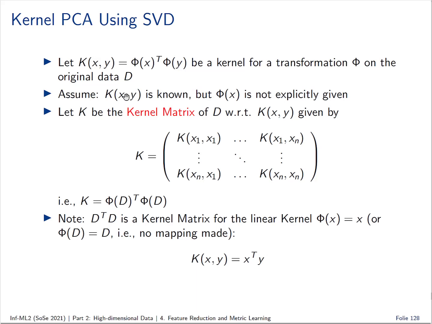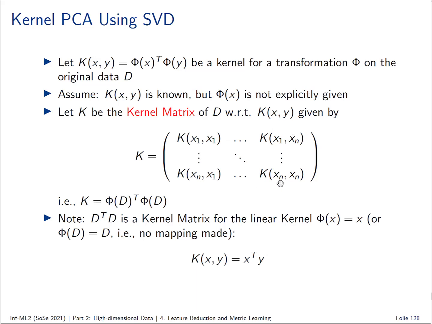But anyway, now we can compute the so-called kernel matrix, which is just the kernel function applied to all pairs of objects. It's obviously an n times n matrix because we have the kernel applied to the first object and the first object, then first row, second column, kernel of first object, second object, and so on.